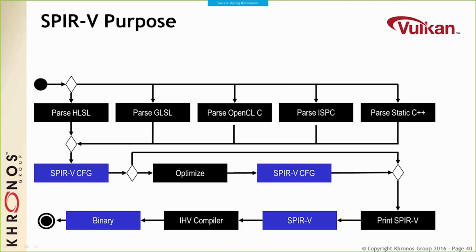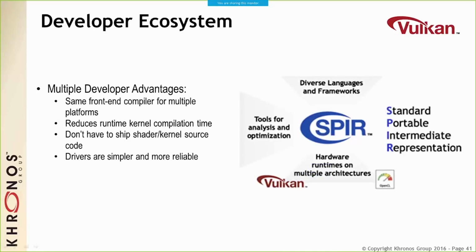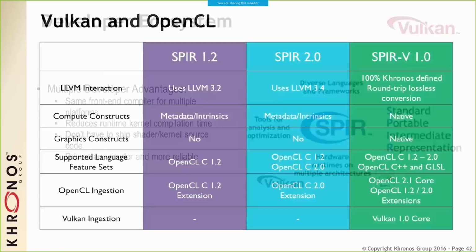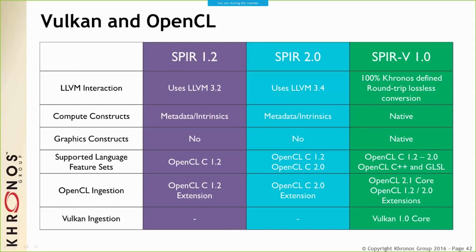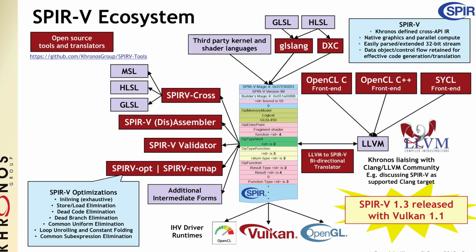So this is a new capability that needs to be added to SPIR-V, so that the front-end compilers who are understanding what the developer is talking about in terms of subgroup operations need a way to express that in the SPIR-V program so it can actually get executed on the GPU. So along with Vulkan 1.1, we have SPIR-V 1.3, which includes new functionality like being able to express these subgroup operations, and the two go hand in hand.